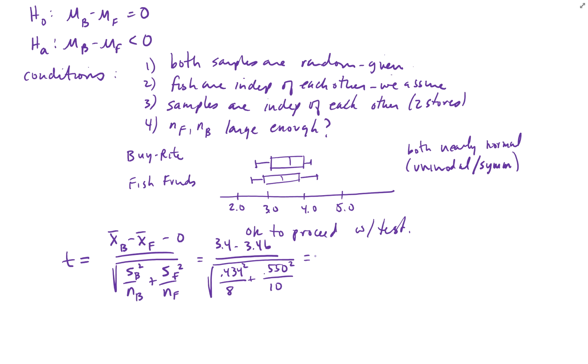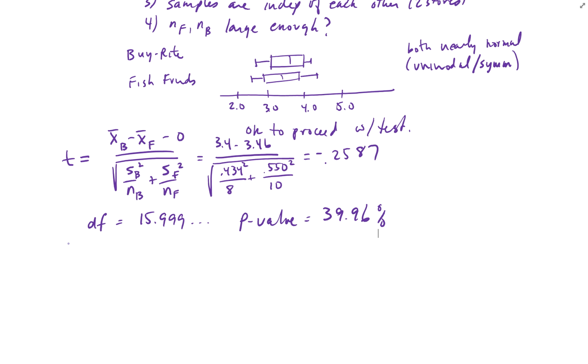We do this, and I get my t-score is negative 0.2587. Degrees of freedom, report that, 15.9. Wow, a lot of 9s there. And my p-value is 39.96%.